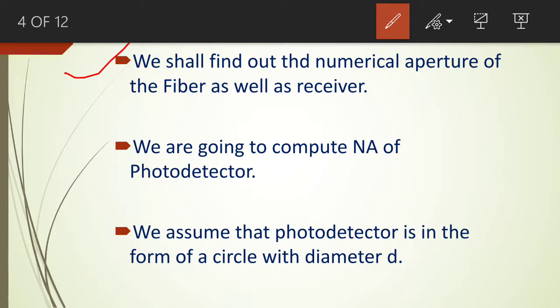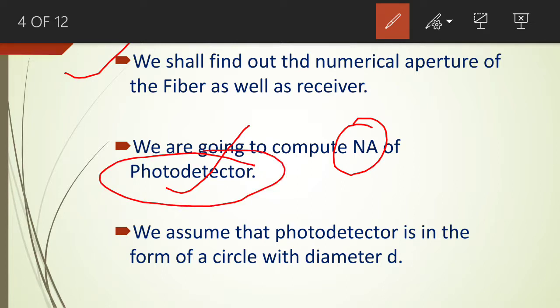So in this particular class, we are going to find out the numerical aperture of the receiver. And we know there is a photo detector in the receiver of a fiber optic communication system, which converts the light signal into electrical signal.